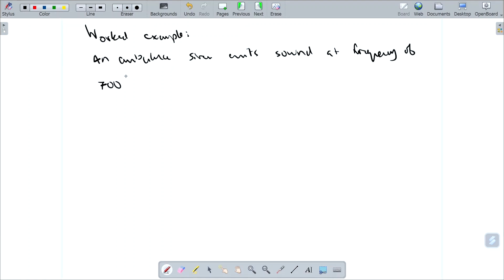Remember that the unit of frequency is hertz. The ambulance drives past you as a stationary observer at a speed of 20 meters per second.